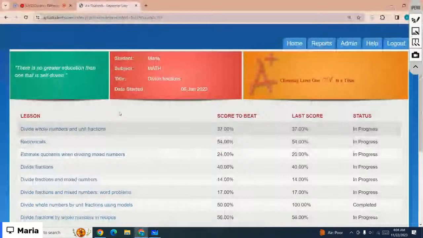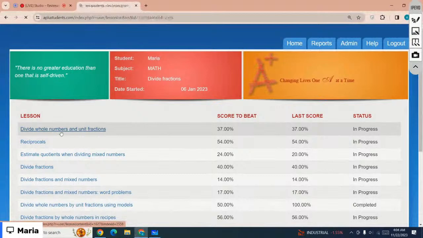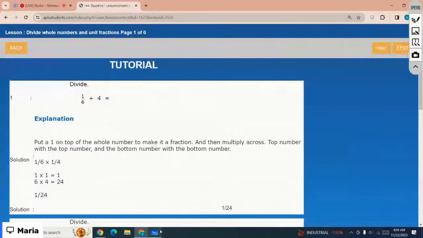Okay, here I am on grade 6 math. The chapter we're working on is divide fractions. The lesson is divide whole numbers and unit fractions. So let's start. You have to divide 1 by 6 divided by 4.